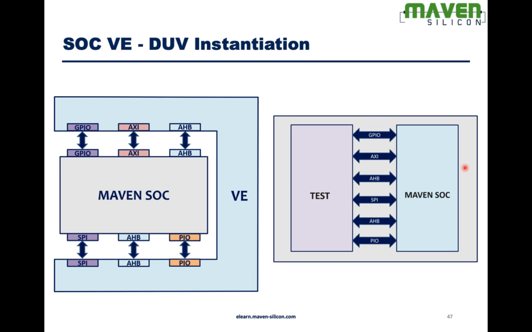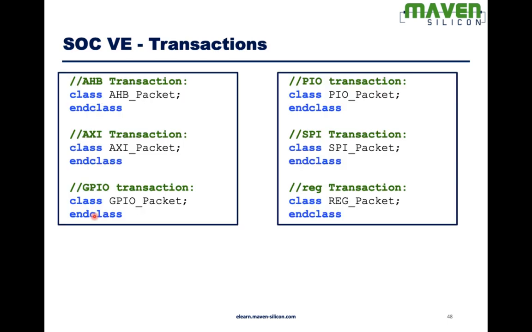Let's go back to the SOC, Maven SOC. This is how basically we connect the test case with the DUT, and the SOC has got all the interfaces: GPIO, AXI, AHB, PIO, AHB, and SPI. So to generate random values, obviously we need to define all these packets: AHB packet, AXI packet, GPIO, PIO, SPI, and register packet.